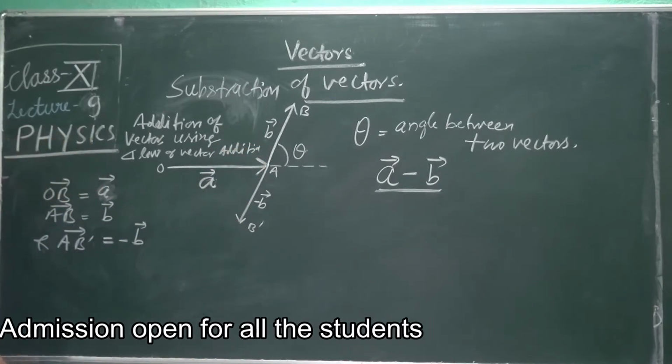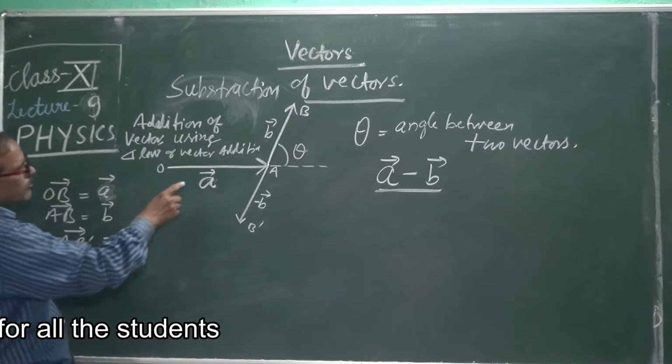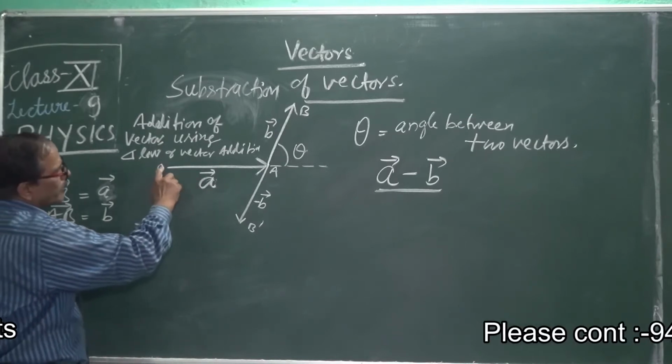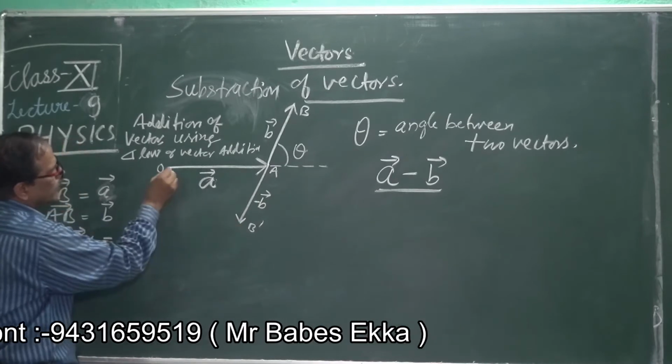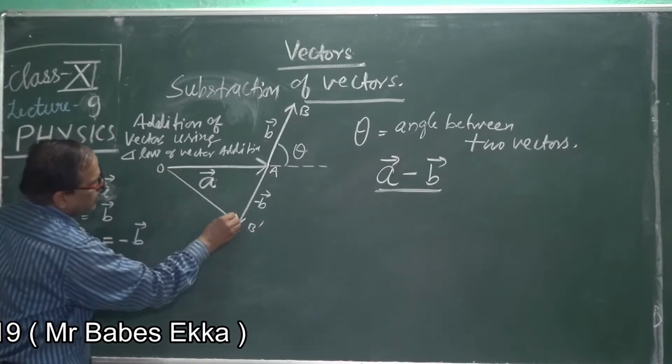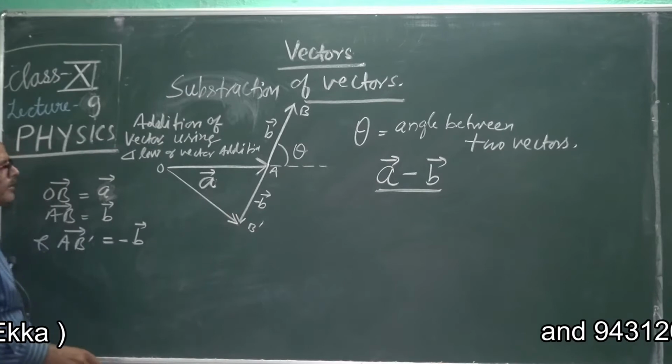So what is the resultant vector here? When we are adding vector OA and vector AB dash, this is the resultant vector.